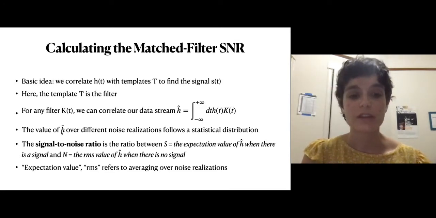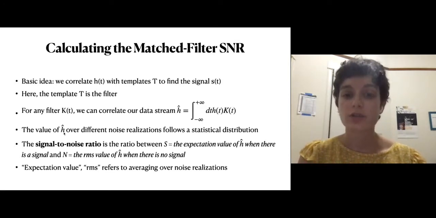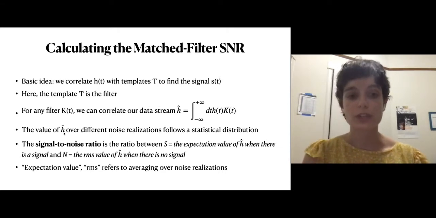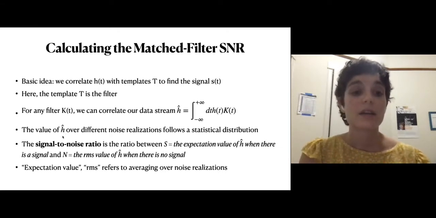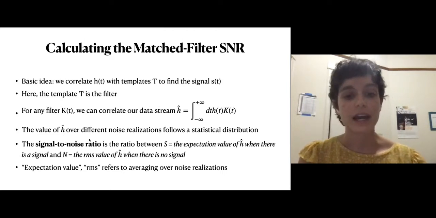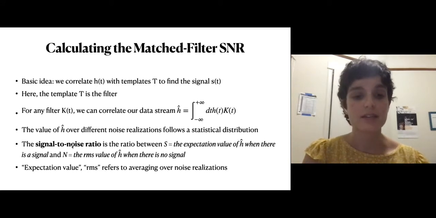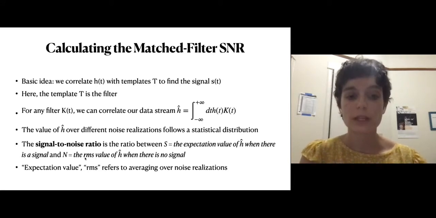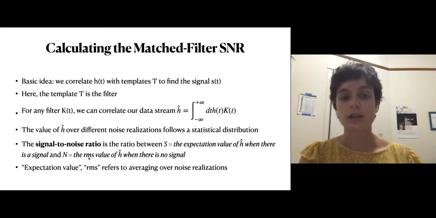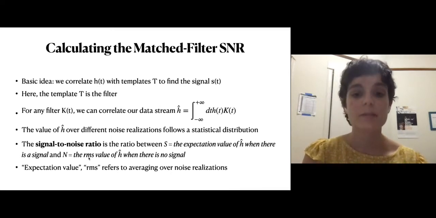So the value of h hat over different noise realizations follows some statistical distribution. And the signal to noise ratio is then defined as the ratio between S, the expectation value of h hat when there is a signal, and N, which is the root mean square, or RMS, value of h hat when there is no signal present.